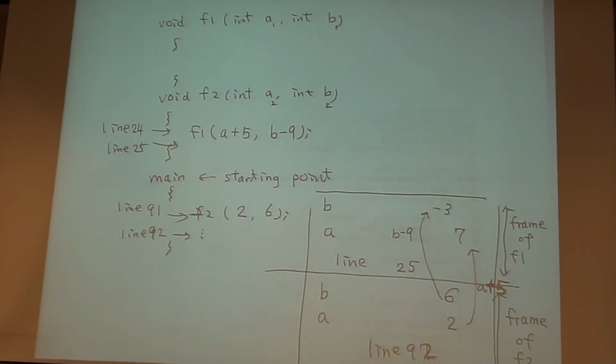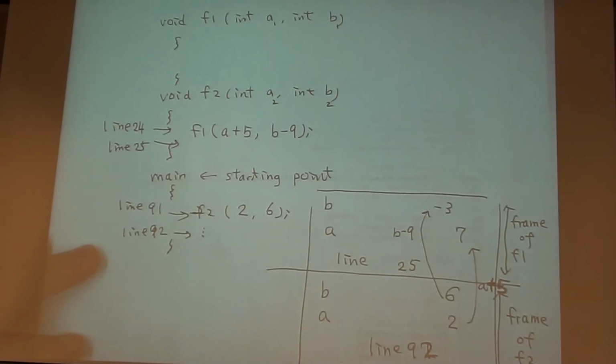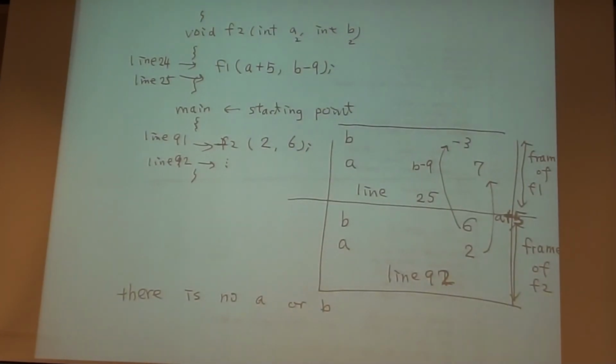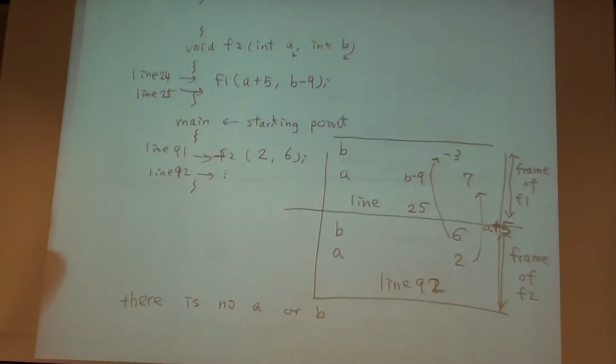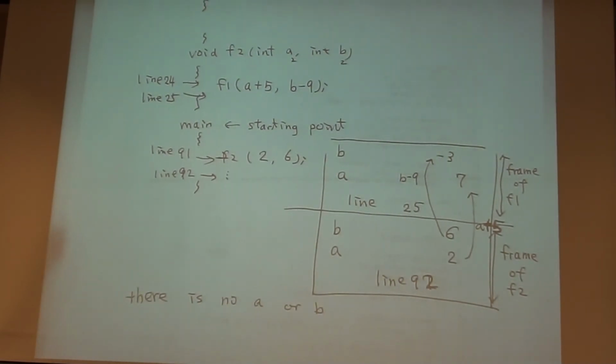And what happens in the computer is, inside the computer, there is no A or B. Which A and B are in line 9, in the bottommost frame? There's no A and B. Well, why did you write them there? Let me continue, okay? There is no A and B. A and B are for humans.